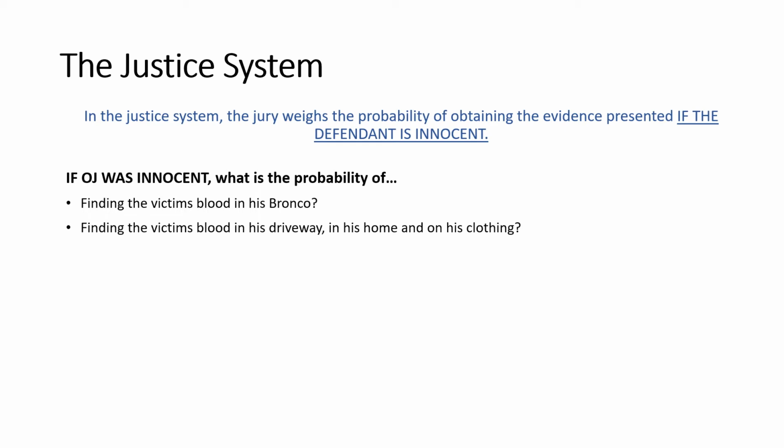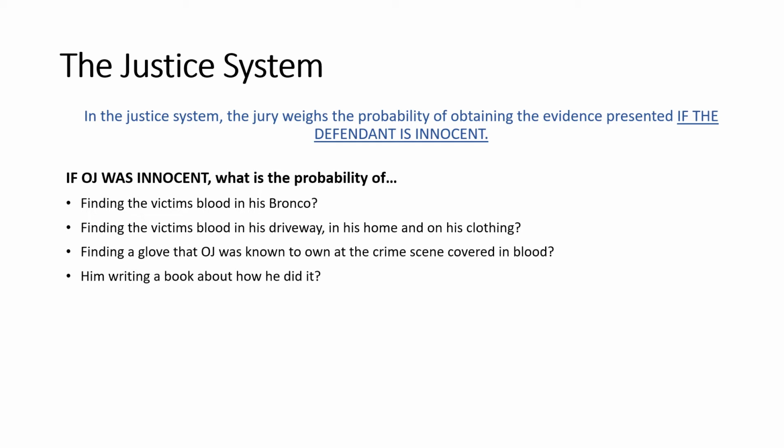If OJ was innocent, what's the probability of finding a glove that OJ was known to own at the crime scene covered in blood, and the other one in his backyard? If OJ was innocent, what's the probability of him writing a book about how he did it? All in all, the probability is low. You wouldn't expect those things to happen if he was innocent. That's what makes us think that he's guilty.